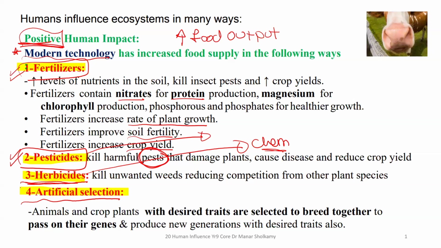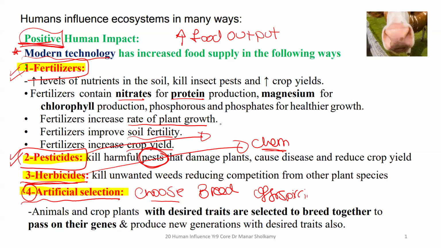Now, artificial selection, again, we took it in detail in the lesson adaptation. I will remind you what artificial selection is. We will choose plants with favorable characteristics. And these plants or animals that are chosen, we will allow them to breed. We will wait for them until they produce offspring, and then we will choose again from their offspring with favorable characteristics, and we will keep on repeating this procedure until all our population of plants or animals are of favorable characteristics.